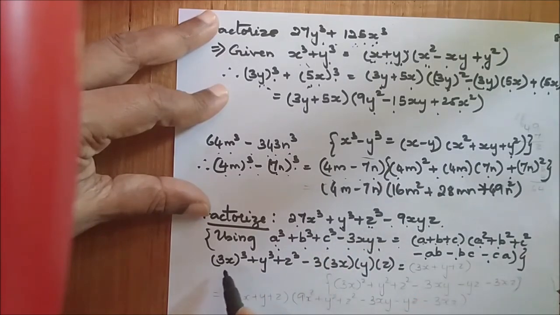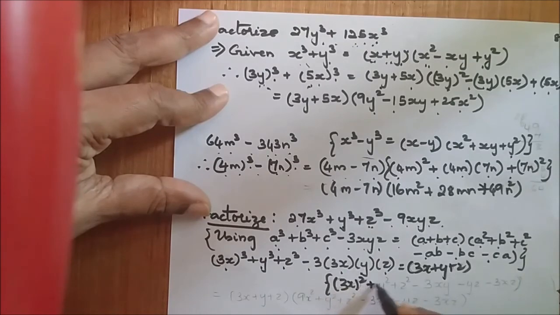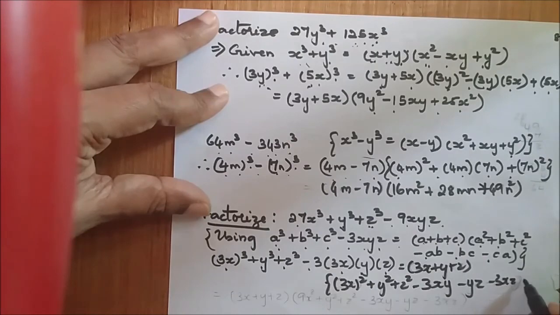So we can write this as 3x the whole cube plus y cube plus z cube minus 3 into 3x into y into z is equal to 3x plus y plus z into 3x the whole squared plus y squared plus z squared minus 3xy minus yz minus 3zx.